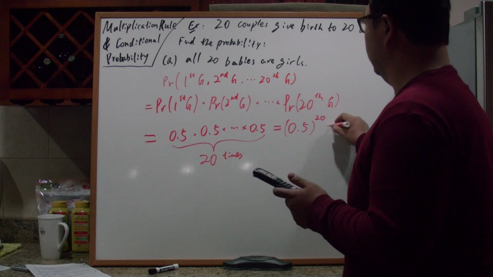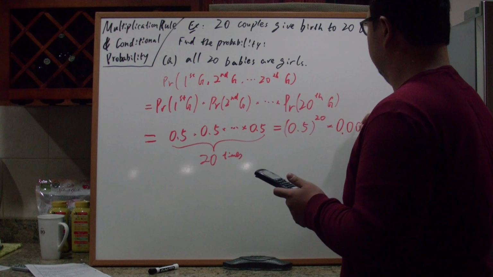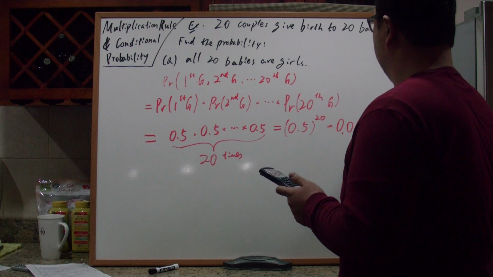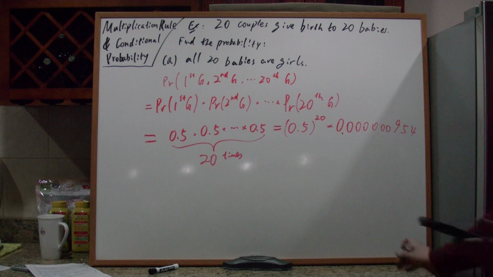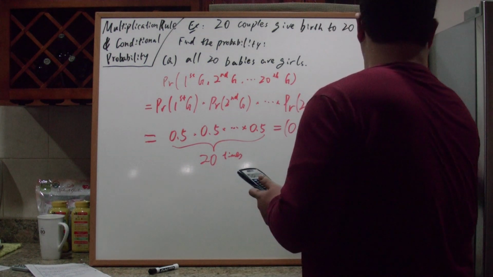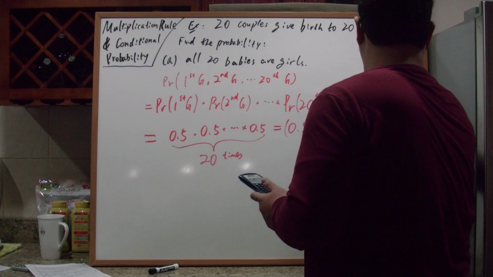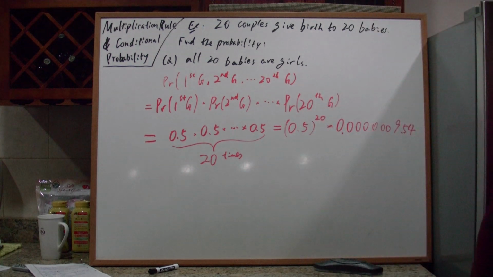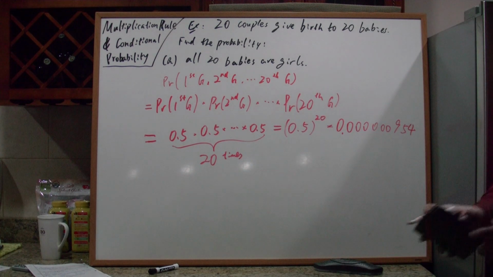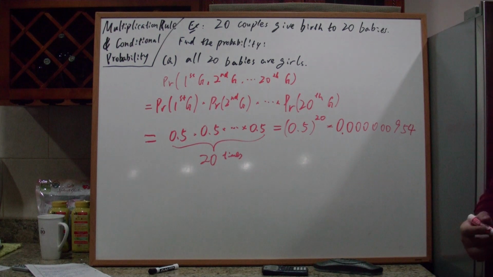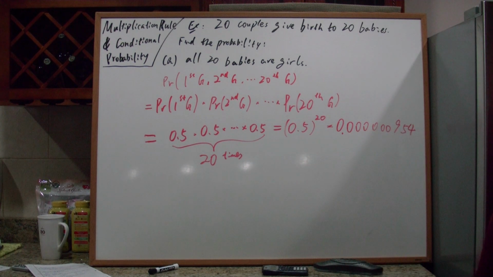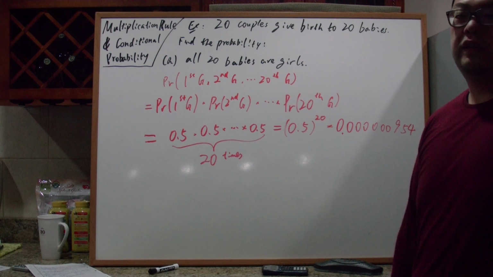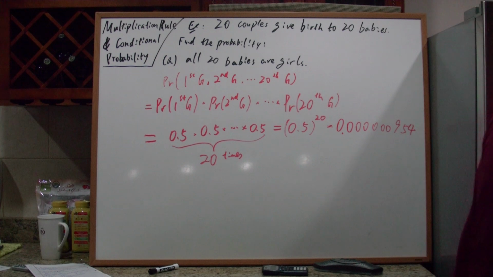That is 0.000000954. All 20 are girls, with that small probability. 6 zeros, then 954. Almost just a millionth case.